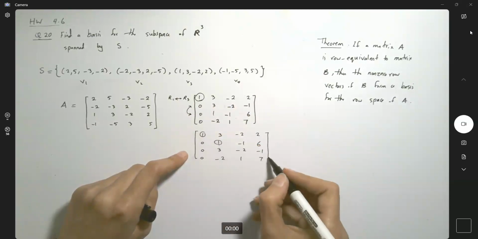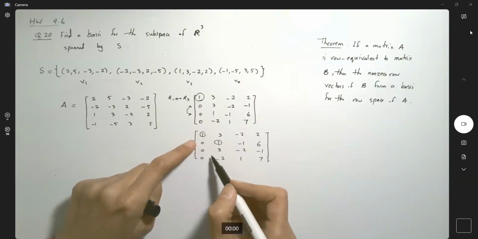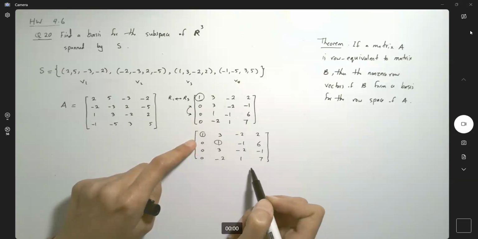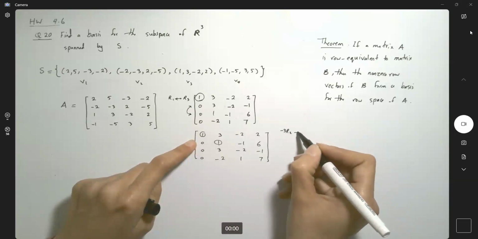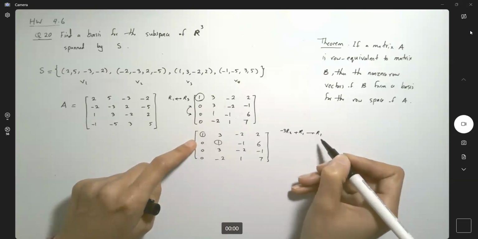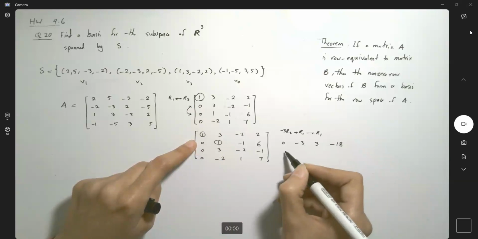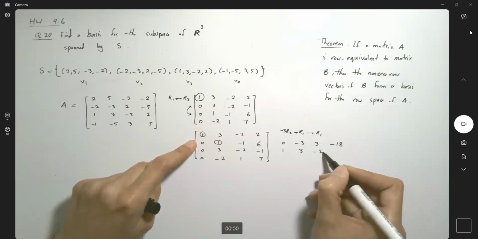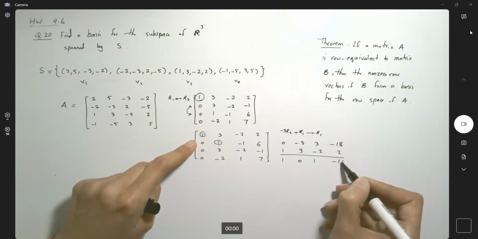What you can do, you can multiply this row by -3 and add it to the first row, add it to the third row, and then multiply by 2 and add it to the last row. So -3 R2 plus R1 becomes your new R1. So you have 0, -3, 3, and -18 added to 1, 3, -2, and 2, which is 1, 0, 1, and -16.